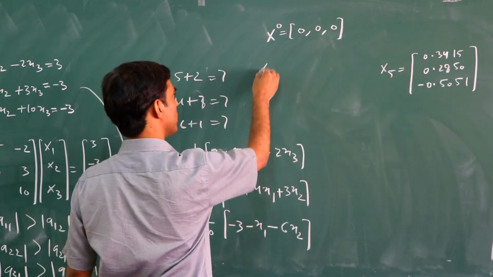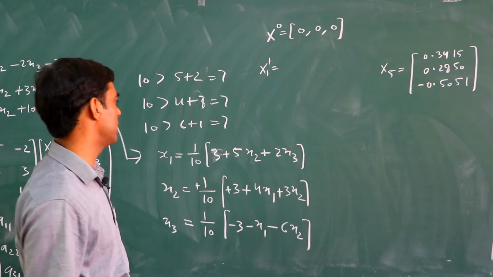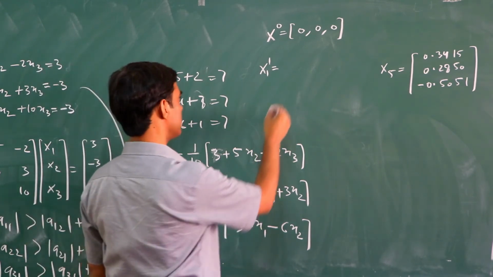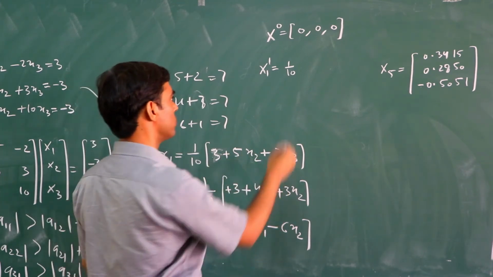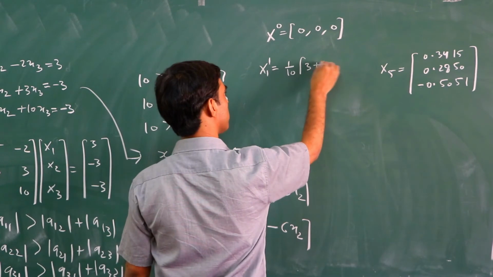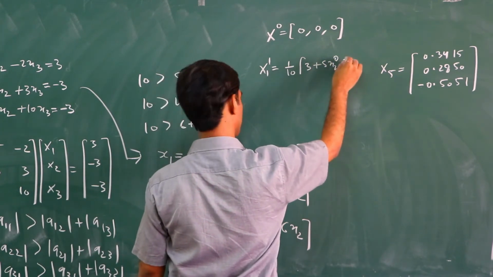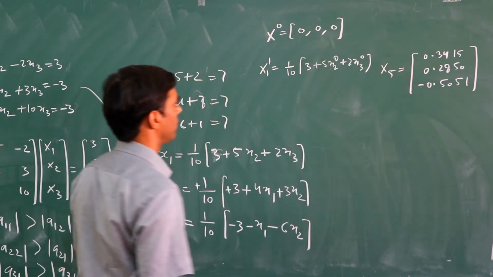Here we use the values of x2 0 and x3 0. x1 1 is 1 by 10 times (3 plus 5x2 0 plus 2x3 0), with all other values 0.